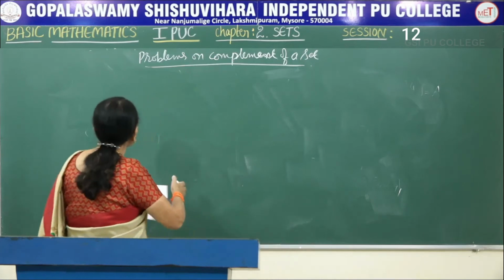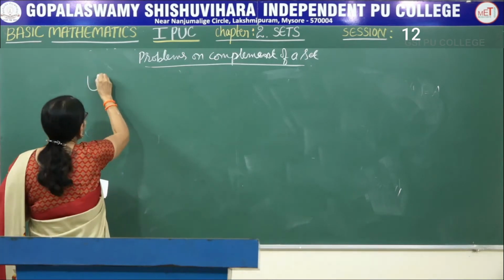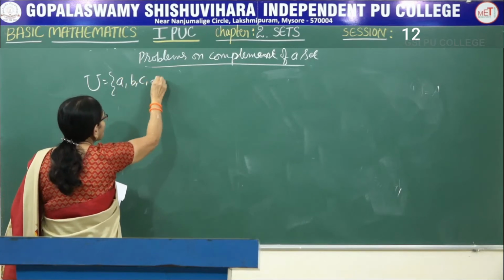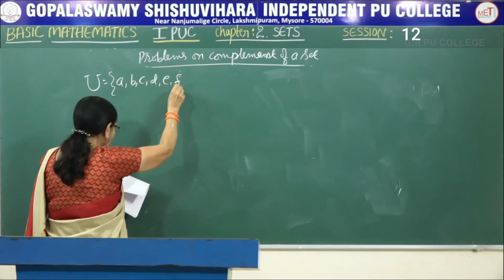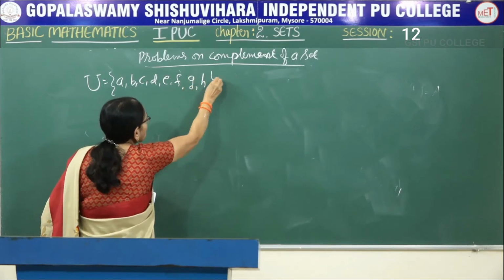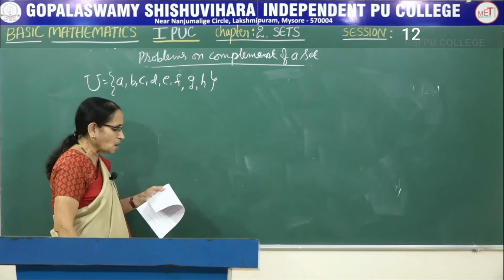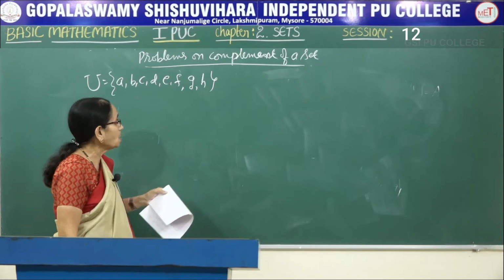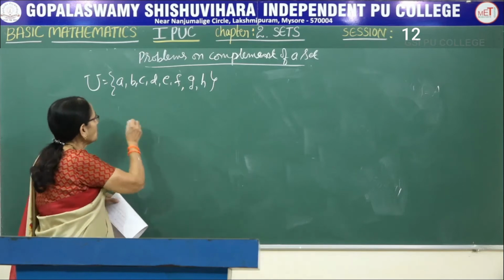Here I am considering the alphabets as the universal set. It is A, B, C, D, E, F, G, H. So I am taking the first 8 alphabets of the English alphabet. Now you have to find the complements of the following sets.